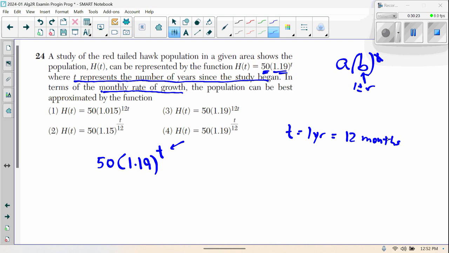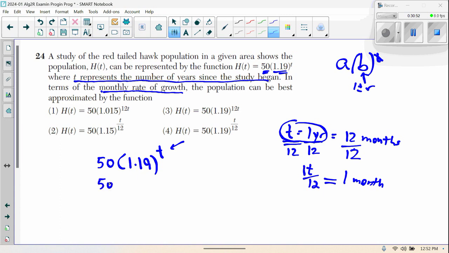If I want it in months, I want it to be 1 month. Don't I got to take 12 and divide it by 12 to make 1 month? Which means I take my year and I divide it by 12, which is like I take my time, which is my year, and I divide that by 12. So a year divided by 12 is now in months. So my exponent, okay, this is like saying 1t over 12.